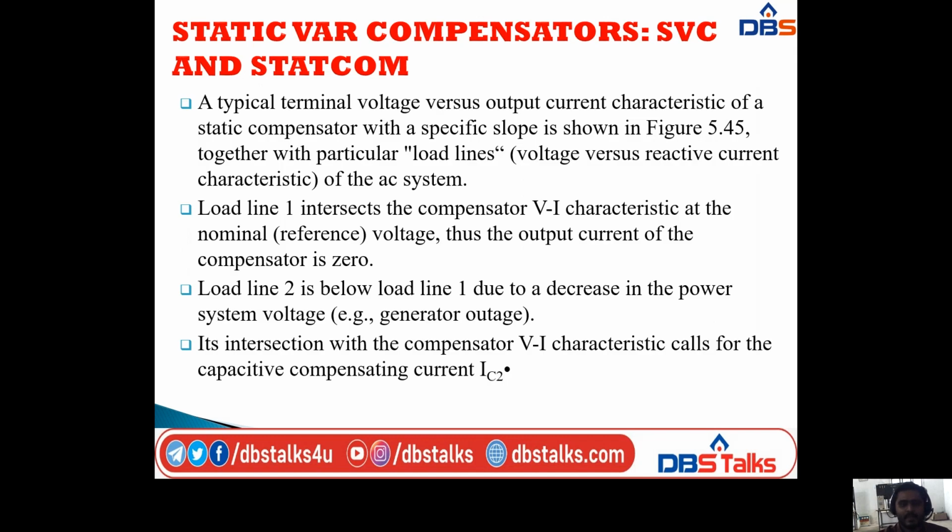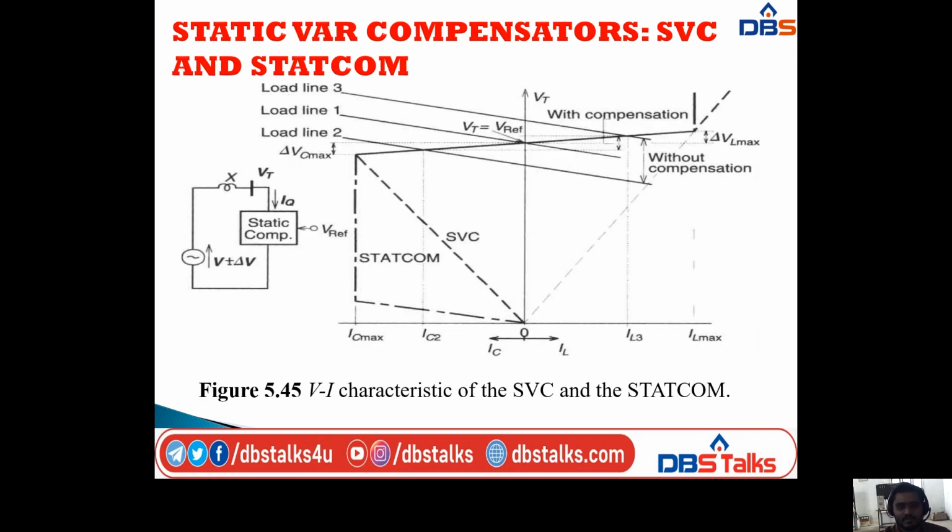A typical terminal voltage versus output current characteristic of a static compensator with a specific slope is shown in the diagram together with particular load lines. So here I am taking voltage versus reactive current characteristics of the AC system. Here we have three load lines: load line 1, load line 2, and load line 3.